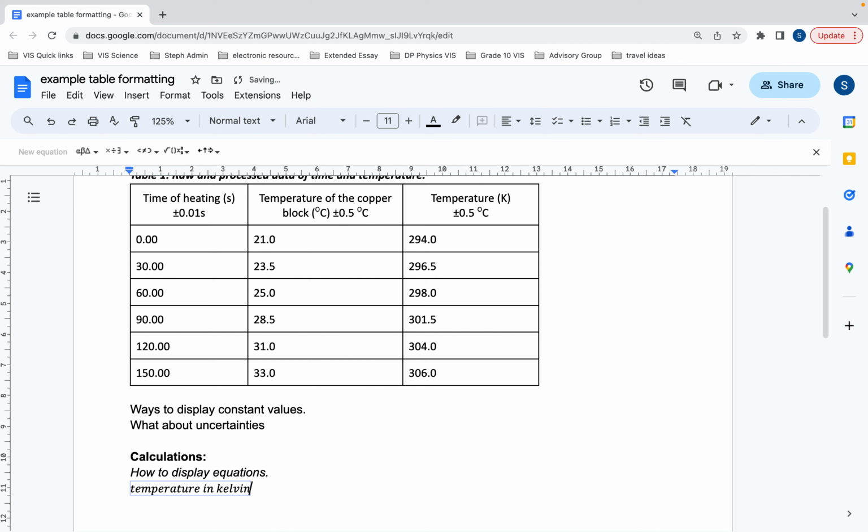Temperature in Kelvin was the temperature in Celsius plus 273. And in this case, let's just do 21.0 plus 273 equals 294.0 Kelvin.